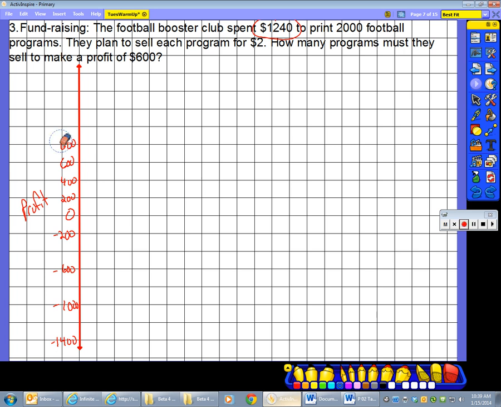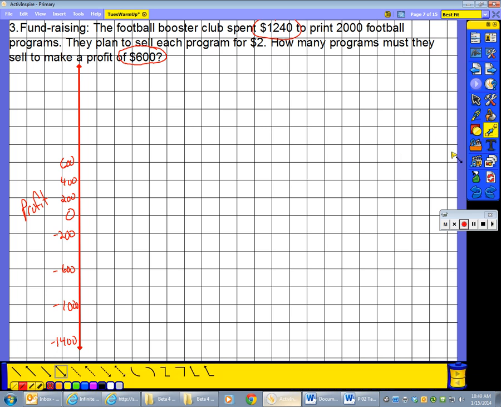Got my spacing correct. I don't really need to go any higher than 600, because what they were having me calculate was up to $600, so I'm just going to stop right there. I could keep going higher if I wanted to. But for the purpose of understanding what's going on, I need to go as low as negative 1,400 and at least as high as 600.